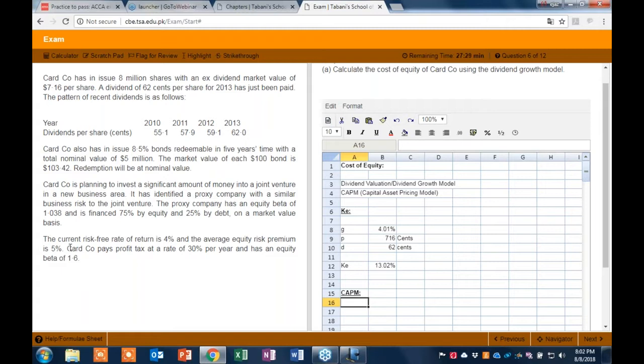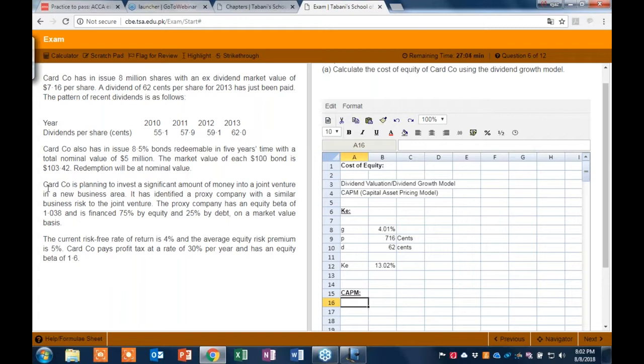The reason why: if you look at this question, it says the current risk-free rate of return is 4% and the average equity risk premium is 4%. Card company pays profit tax at the rate of 30% per year and has an equity beta of 1.6. See, this equity beta shows the risk level that the card company currently has.